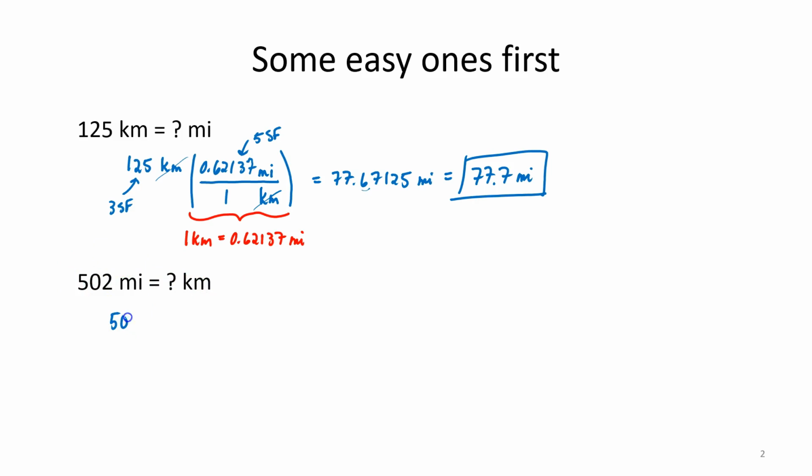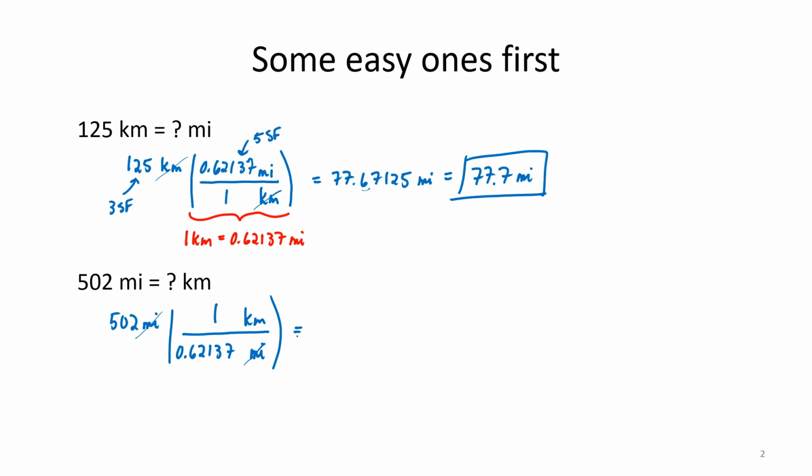So I would begin by saying, well, I have 502 miles. Now I'm going to set up the conversion factor such that miles are downstairs and kilometers are upstairs. Again, that means miles are going to cancel, and I'll end up with units of kilometers. Here I've got my conversion factor. For every 1 kilometer, there are 0.62137 miles.